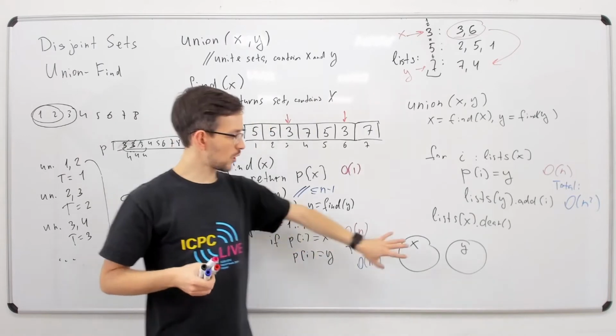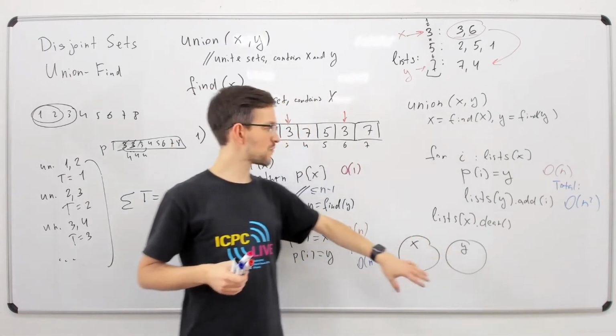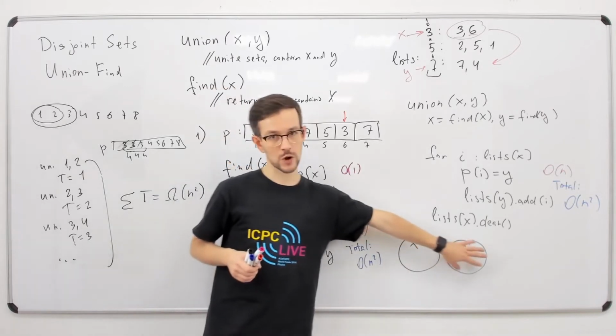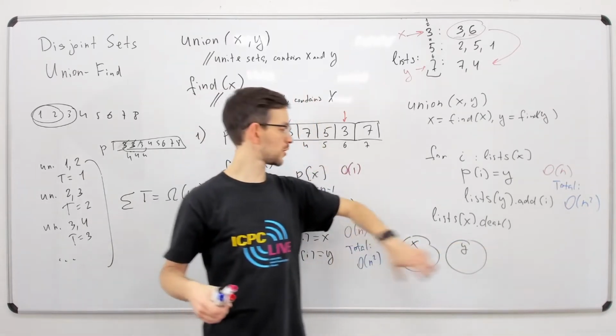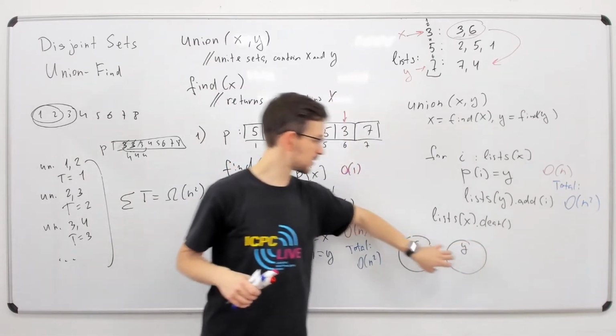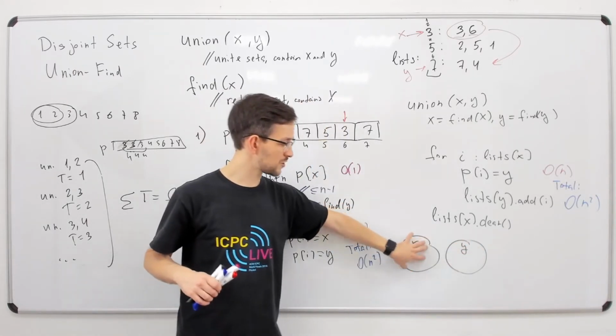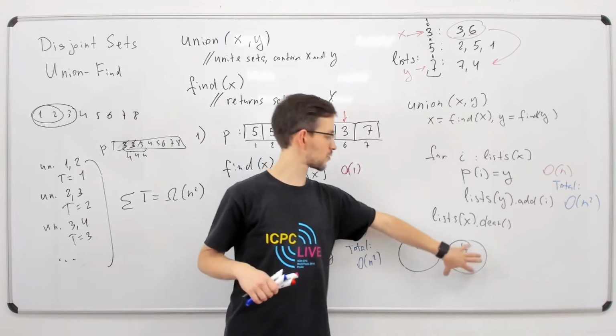You may transfer all elements from x to y. So you may find all elements with representative equal to x and change it to y. Or alternatively, you can find all elements in the other set and set the representative to x. So you can move all elements from here to here, or from here to here.